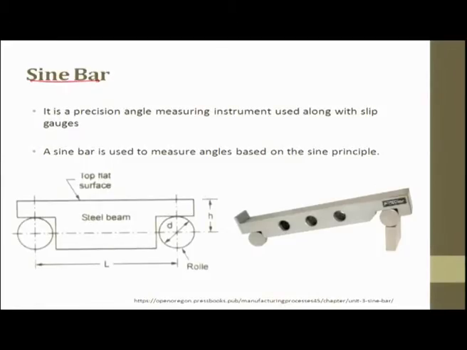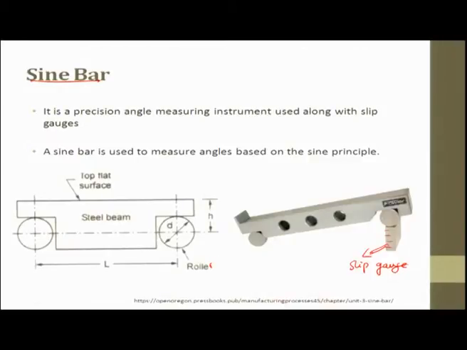The next device is going to be sine bar. Sine bar is a precision angle measuring instrument used along with slip gauges. So, what we do is, here is a slip gauge, okay, here is a slip gauge. So, you put the slip gauge at one end of the roller.